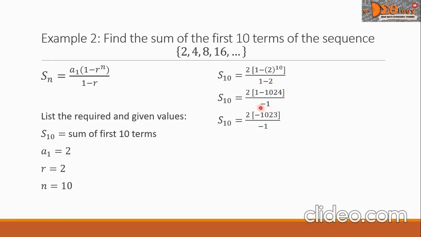Let us get the product of this negative value and the number 2 outside. We will get this negative 2046. And we have negative divided by negative. The answer will be positive. And this is negative 1 in the denominator. So simply we can write this 2046 positive. This is our final answer as the sum of the first 10 terms of the given sequence.